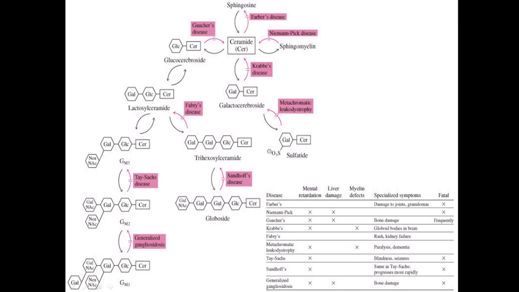These are different groups of diseases, for example Tay-Sachs disease or others. All of them lead to accumulation of non-digested oligosaccharides in lysosomes, and at last cells will die. These are serious neurodegenerative diseases.